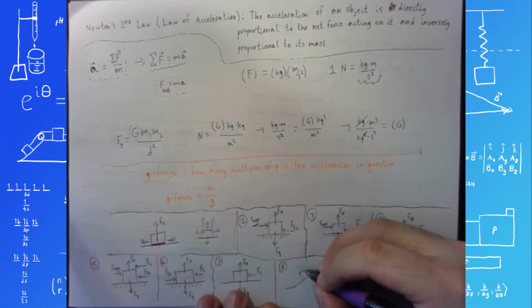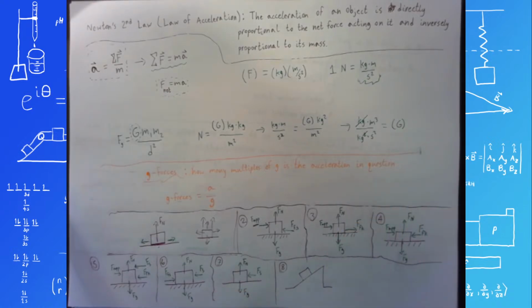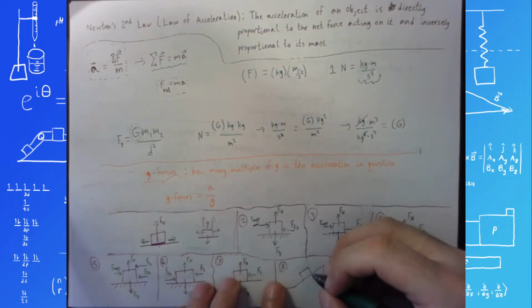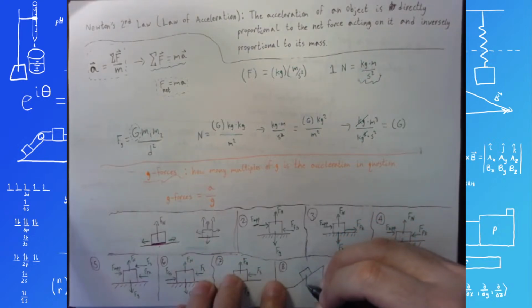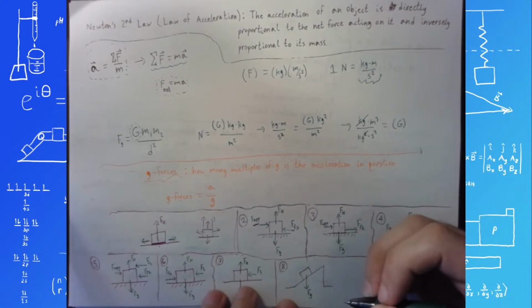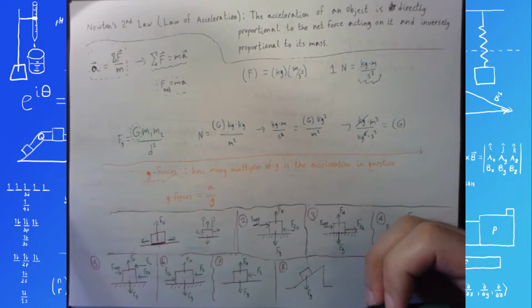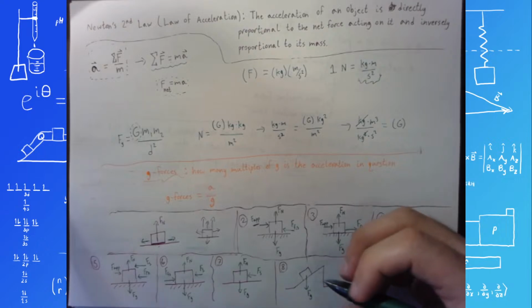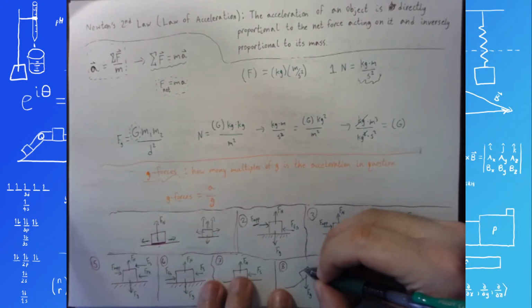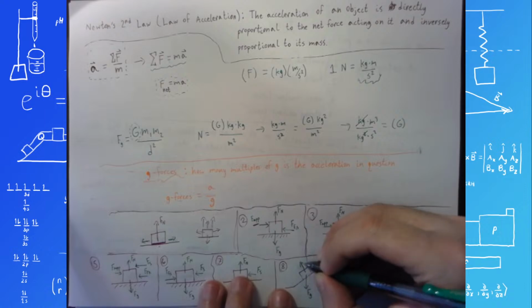So we have a block on a smooth ramp. What forces are acting on this thing? Well, it's presumably on planet Earth, so force of gravity straight down. It is touching a surface, so there must be a normal force perpendicular to and away from that surface, which would be in this direction.